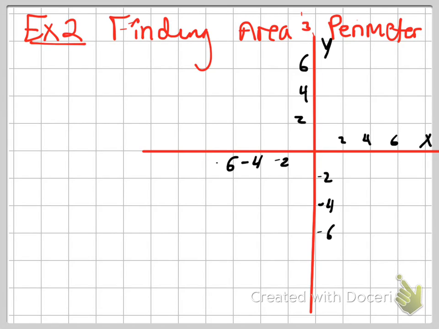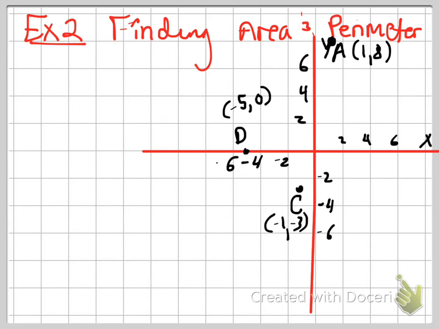Okay, so if I have at (-5, 0) point D, and at (-1, -3) is point C, at (1, 8) is point A, so D is at (-5, 0), C is at (-1, -3), and then B is at (5, 5).